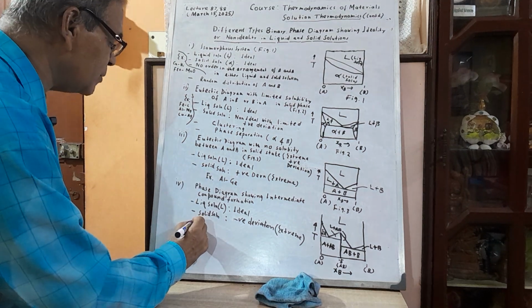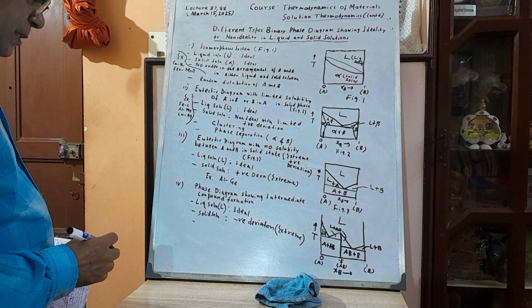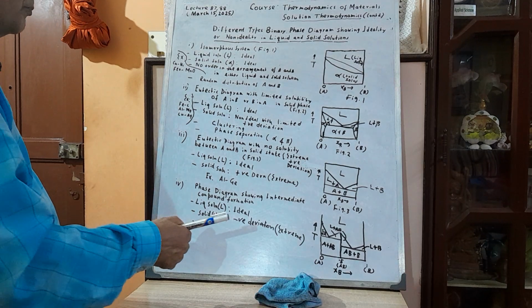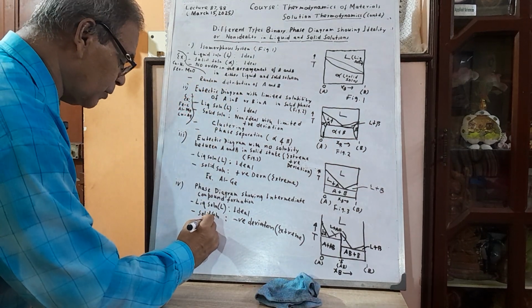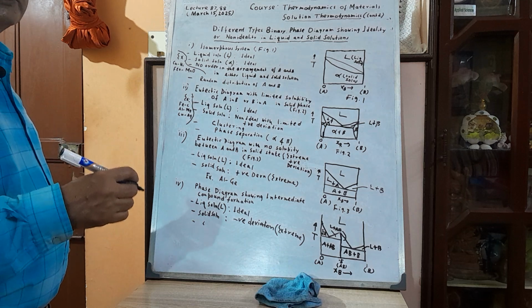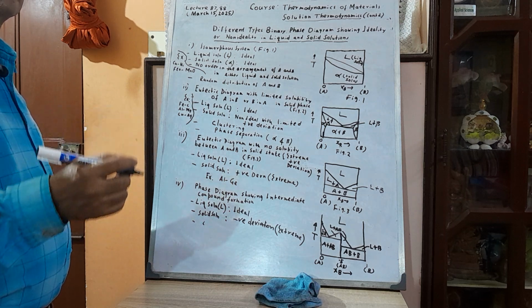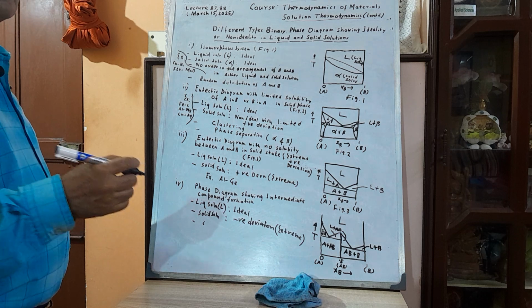Next is liquid solution, solid solution, and so on. Here, see the opposite. You have no order, complete ordering, ordered structure: B around A, A around B. Example, sodium chloride.